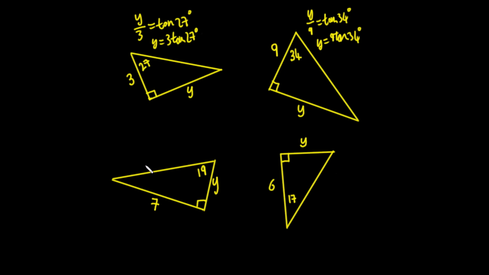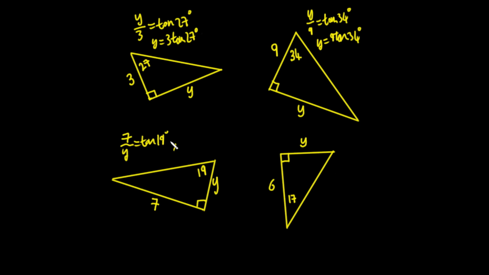Now in the third example here, we're going to have the opposite. Now the opposite this time is the value of 7, and the adjacent is the value of y. So there's a couple of ways we can do this. We can write the opposite 7 divided by the adjacent y is equal to the tan of 19 degrees.